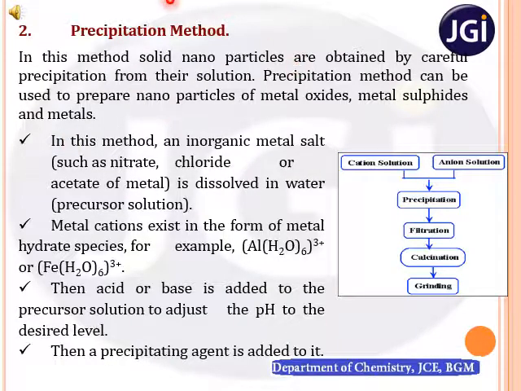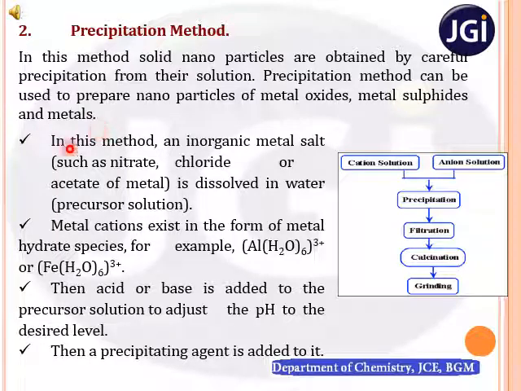The second method under the bottom-up approach is the precipitation method. In this method, solid nanoparticles are obtained by careful precipitation from their solution. The precipitation method can be used to prepare nanoparticles of metal oxides, metal sulfides and metal nanoparticles.